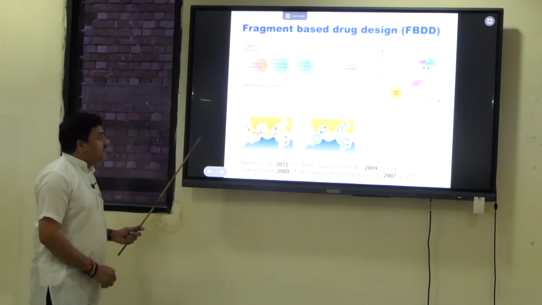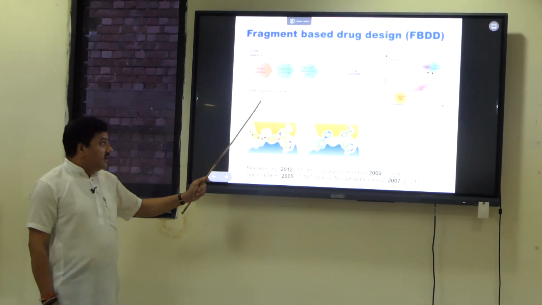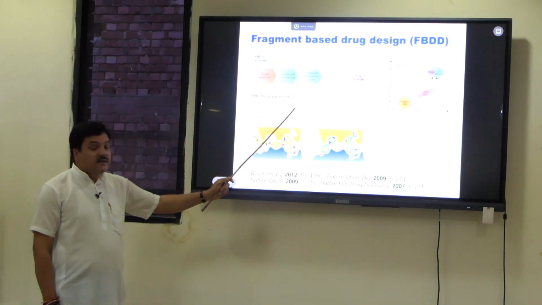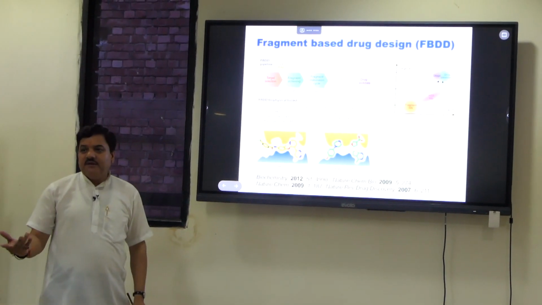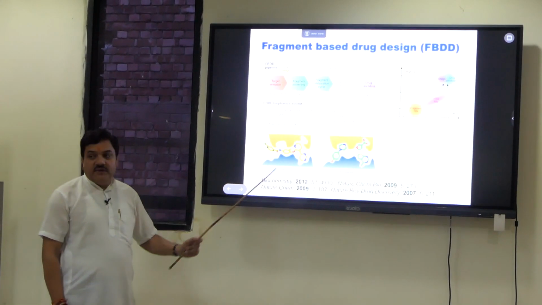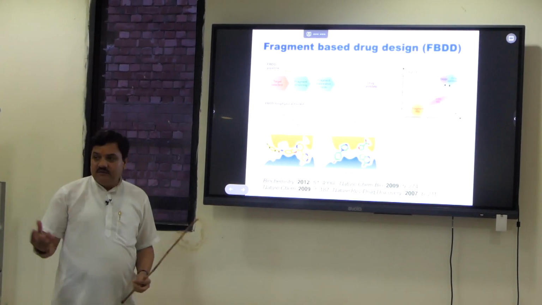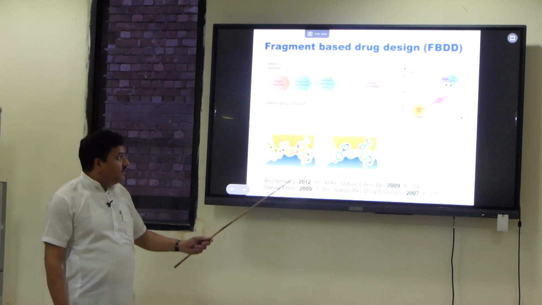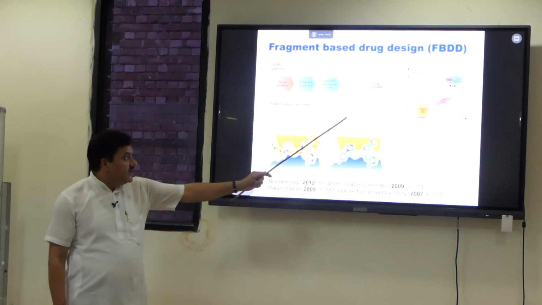There are a few techniques involved in fragment based drug design. One is fluorescence-based thermal shift. Of course, when you make the molecule, you need NMR, nuclear magnetic resonance spectroscopy, and crystallography, where you do protein ligand crystallization, then mass spectrometry to find out the molecular weight of molecules, then surface plasmon resonance, SPR, a bit expensive.